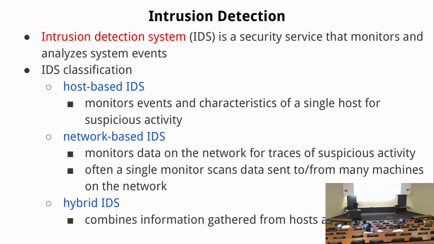At the kernel level, they will monitor the system calls this application makes, how often they make system calls, the parameters they use to make system calls, and whether the pattern matches a pre-trained benign model. If it doesn't, it means this application is trying to do something malicious, right?